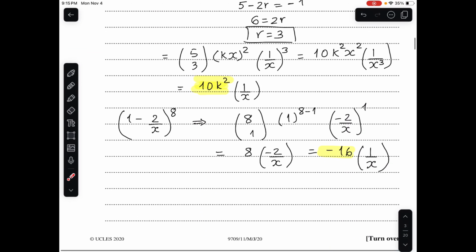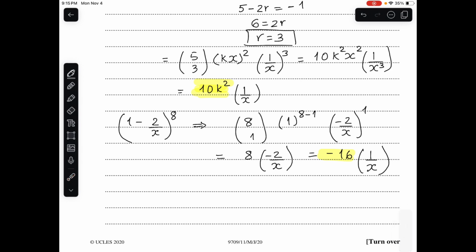So what we are going to do is, we are going to add 10k square minus 16 is equal to 74. Collect the like terms. So 10k square is equal to 74 plus 16, which is 90. Or k square is 90 divided by 10, which is 9.